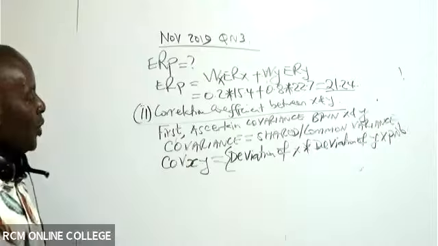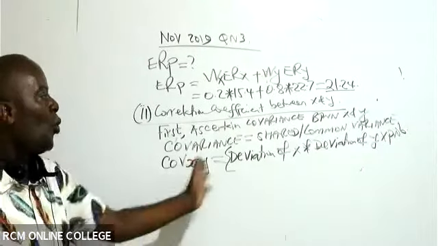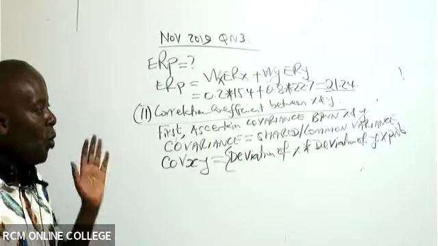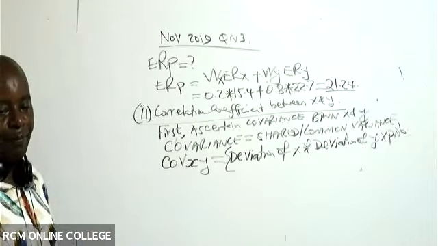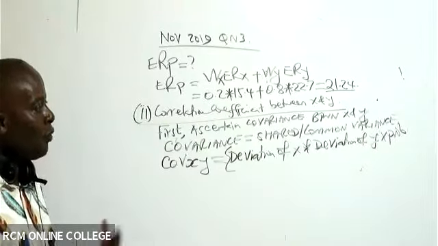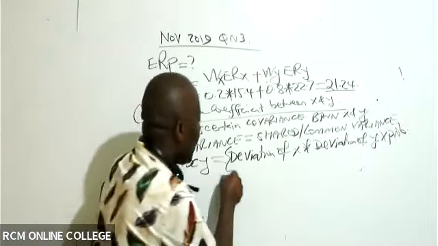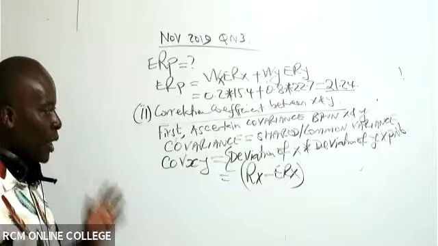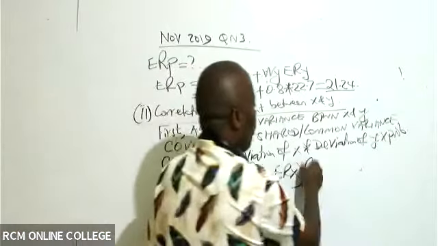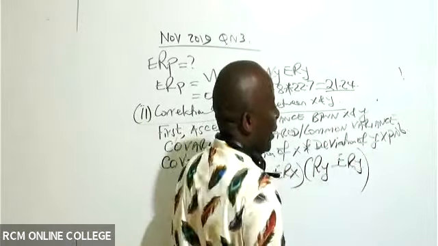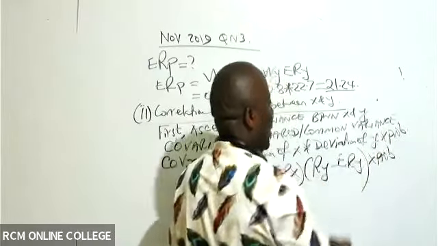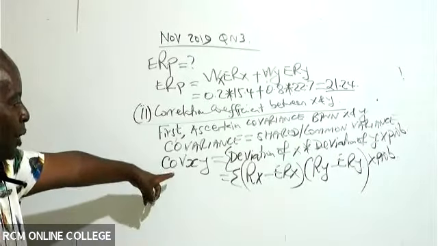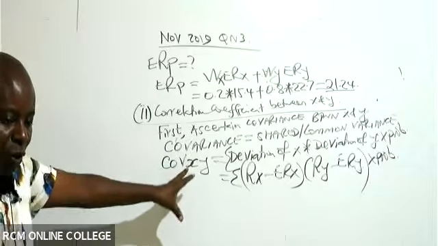So deviation of X means actual returns of X minus expected returns of X. Multiply this with deviation of Y, which is RY minus expected returns of Y, times probabilities. And then, of course, there is a summation. So this is how we get covariance between X and Y.